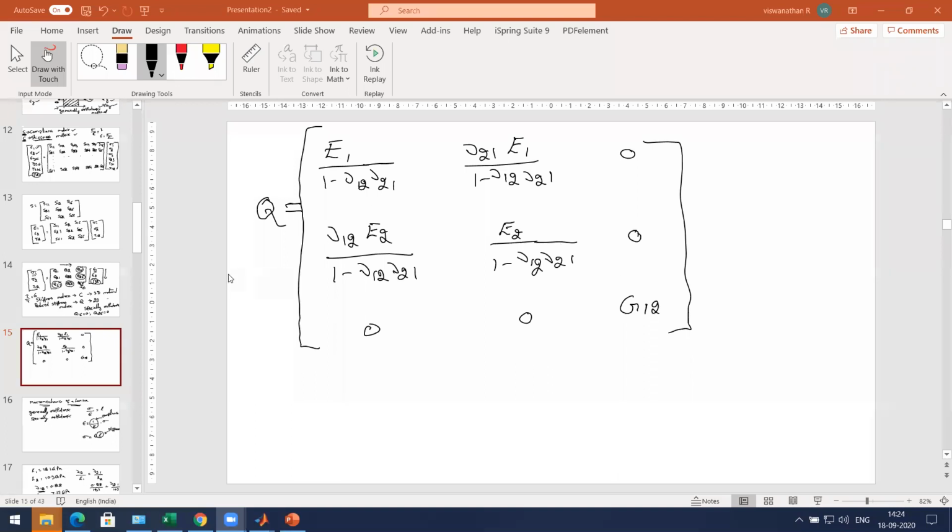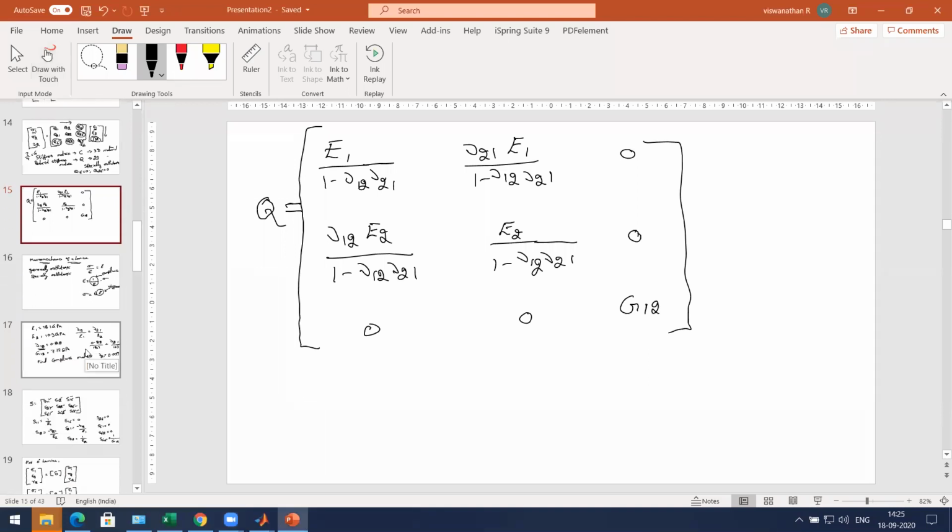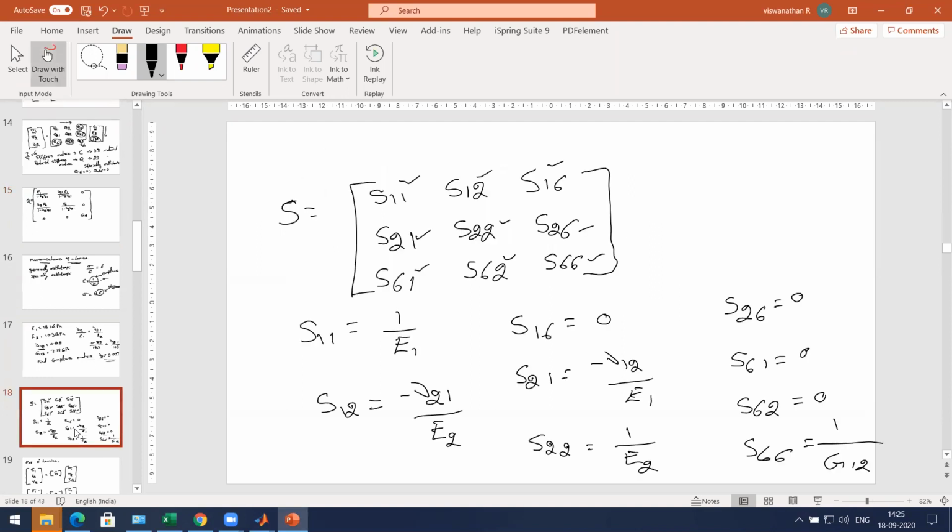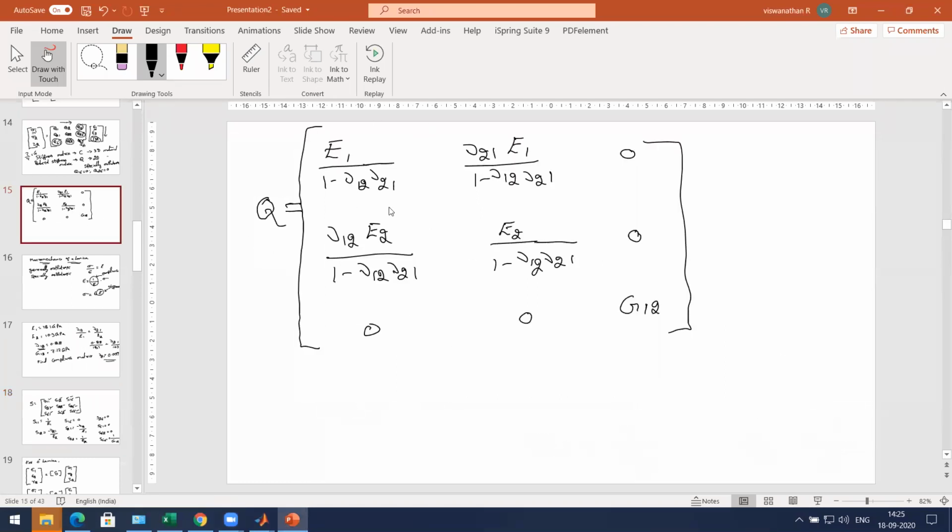You can calculate it this way, or what you usually do is calculate the compliance matrix using the formulas, and then take the inverse to get the reduced stiffness matrix. Or directly, you can use these formulas to find the reduced stiffness matrix. This is not a Q bar, this is Q.